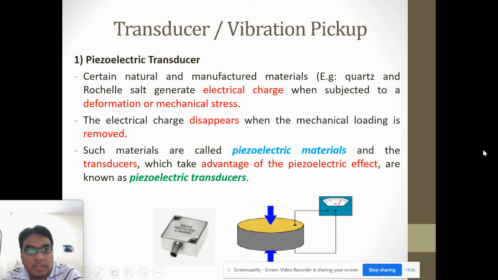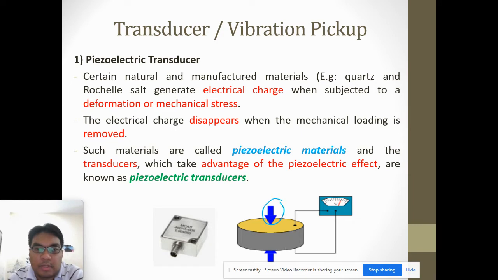It is basically a smart material: when you give a force to the piezoelectric, it generates an electrical signal, while when you give an electrical signal to the material, it converts the signal into movement of the material itself. The electrical charge disappears when the mechanical loading is removed.